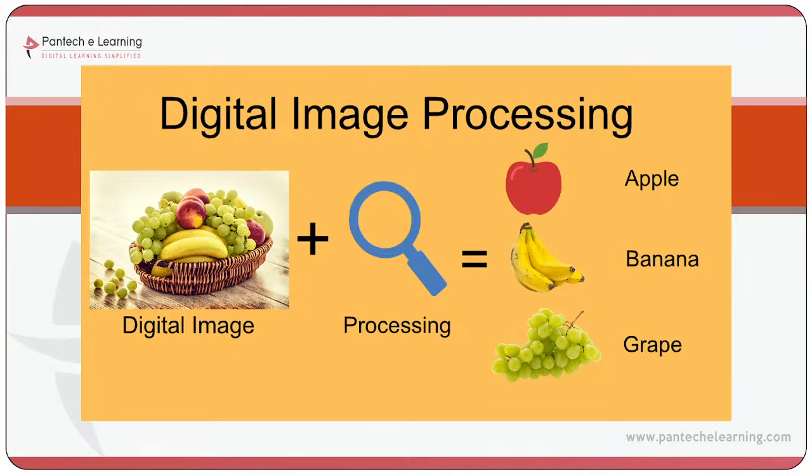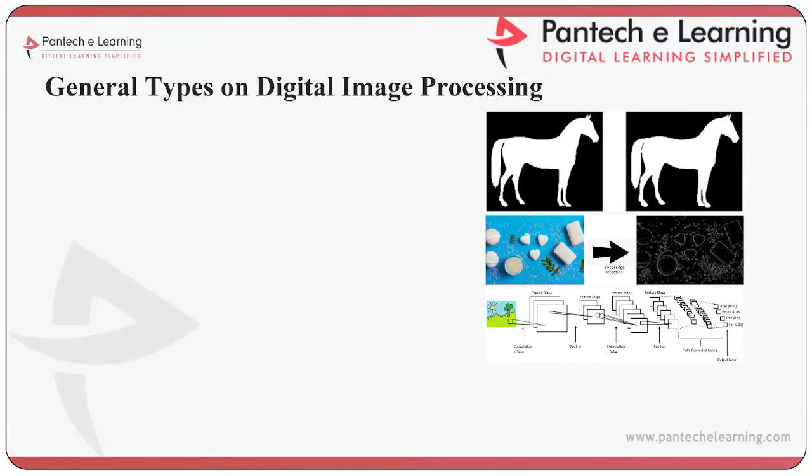We take a picture and save it in a phone, and after saving, it is converted into a matrix of pixels, a combination of rows and columns, which is the digital image. Then we pre-process and classify whether it is an apple, banana or grape. Next is general types of digital image processing.